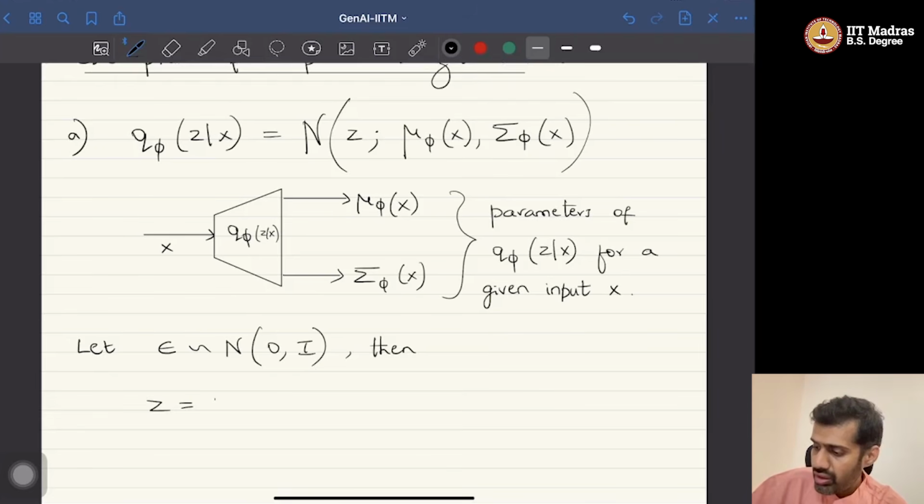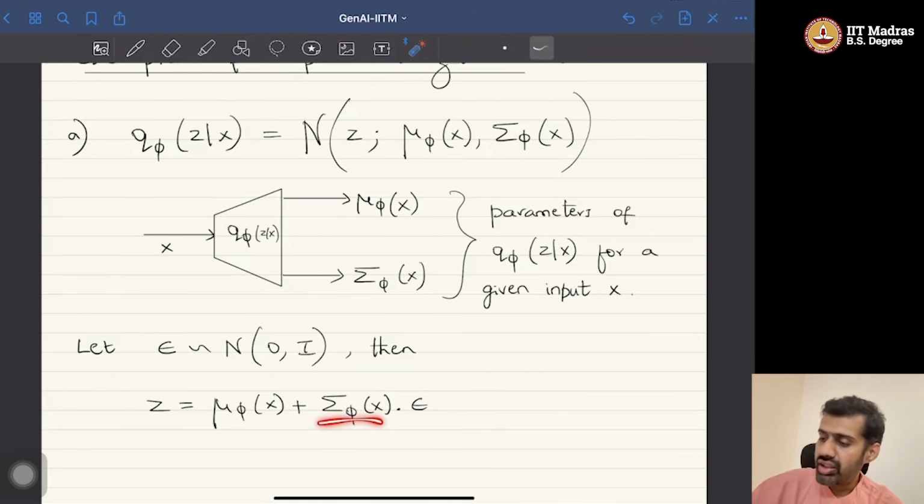So z is mu phi of x plus sigma phi of x times epsilon. Depending upon what the dimensions are, this will become a Hadamard product, which is an element-wise multiplication.